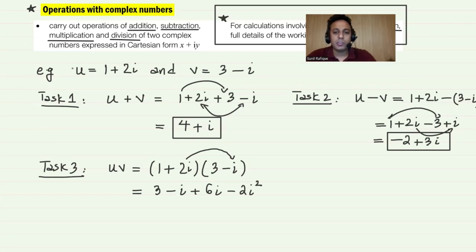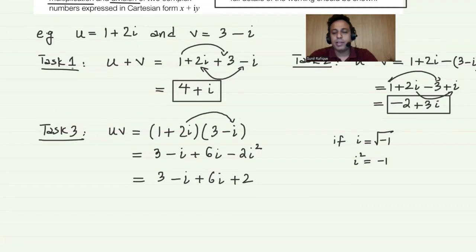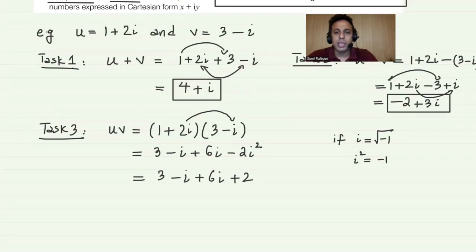So what is i squared? If i is the square root of minus 1, then i squared is minus 1. So we have 3 minus i plus 6i and plus 2, because minus 2 times minus 1 is a positive 2. So the final answer will be 5 plus 5i. So far so good.